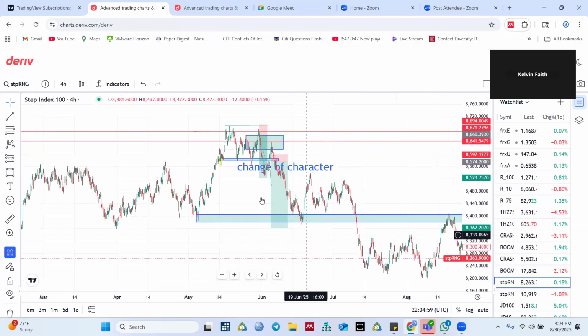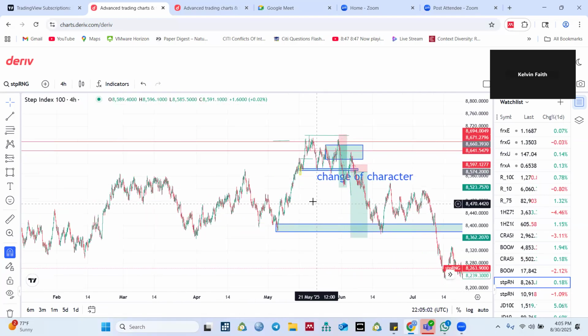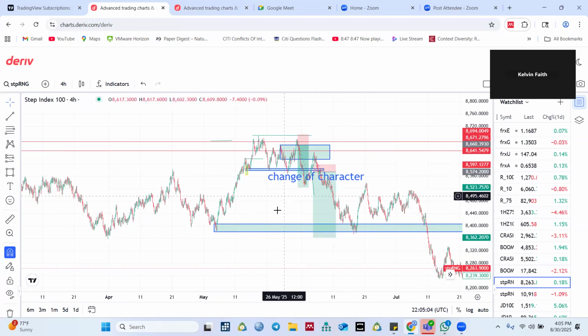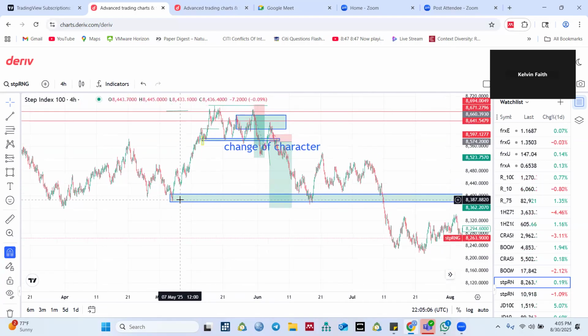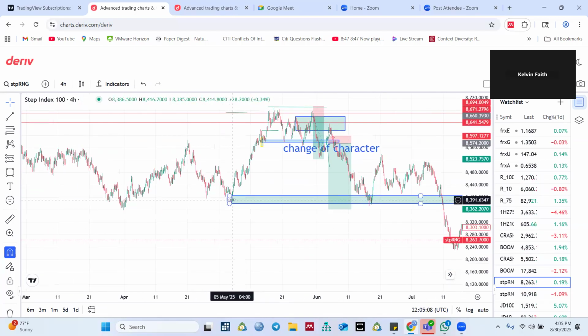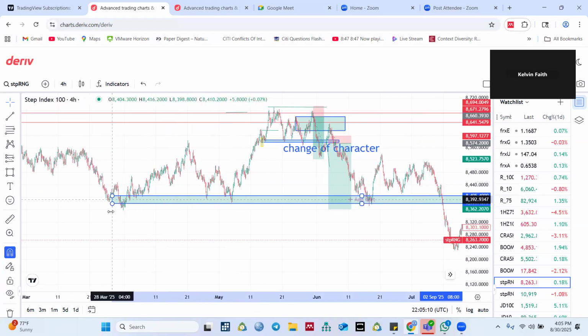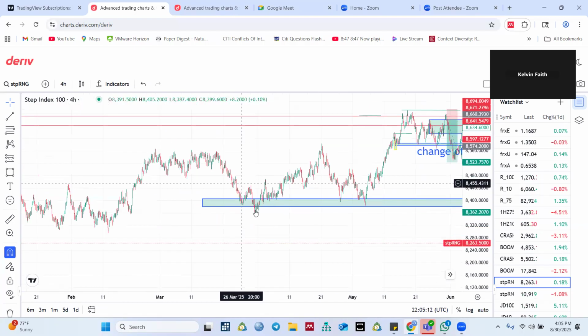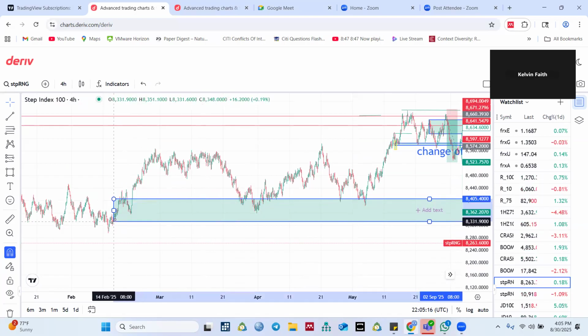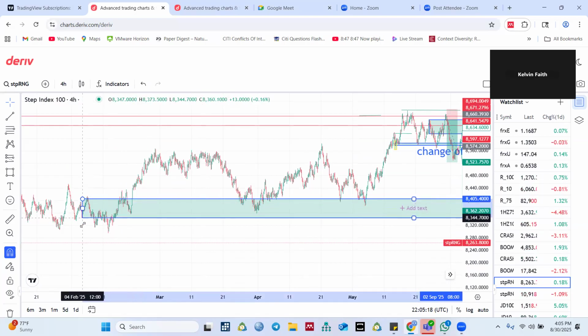So what happened? The same analogy, the same idea that we used here, we are going to apply here too. Because already, look at the left side. Price hit here, it goes up. Price hit, it goes up. We can extend this rectangle.